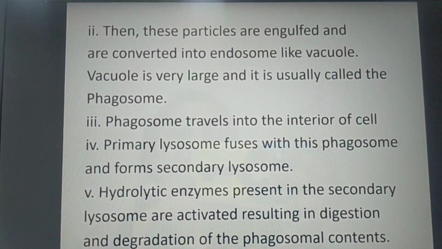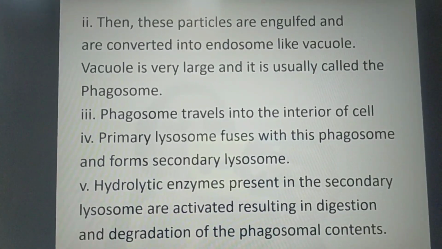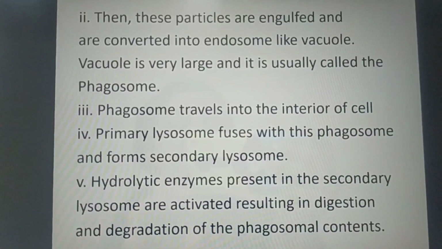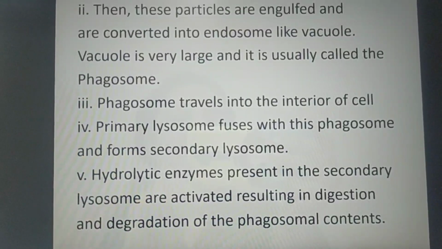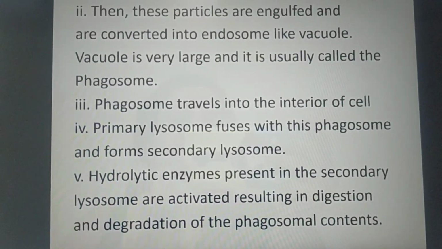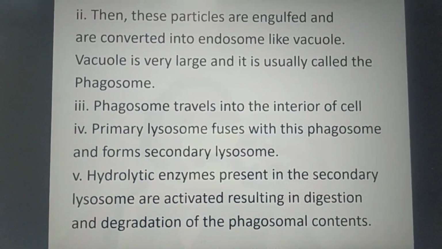Vacuole is very large and it is usually called the phagosome. Phagosome travels into the interior of cell. Primary lysosome fuses with this phagosome and forms secondary lysosome. Hydrolytic enzymes present in the secondary lysosomes are activated, resulting in the digestion and degradation of the phagosomal contents.